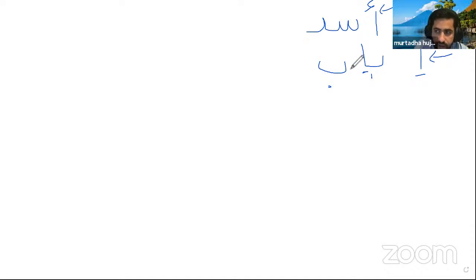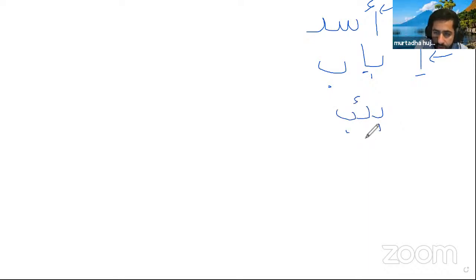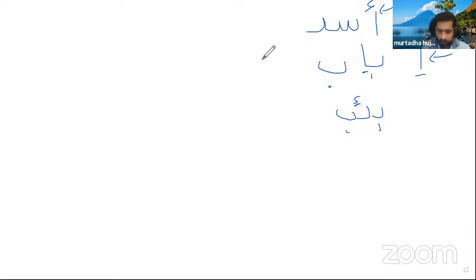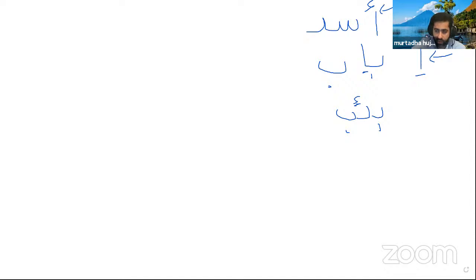Asad. Here is the Bab. If I read the Hamza only, it will be Ba'ab. So Hamza is the sound. Is this clear? Okay, so this is the Alif. We will go back to the Hamza more after we finish the 28 letters.